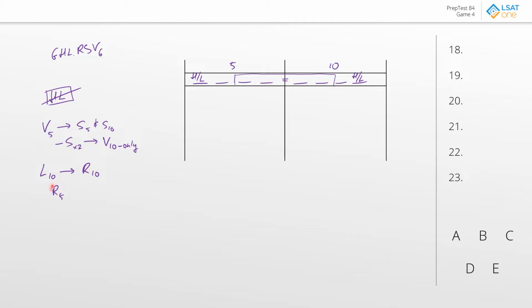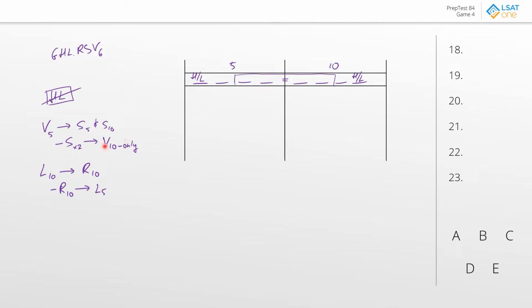Now if R does 5, that doesn't preclude the possibility that he could have also done 10. So it's not fair to say that any time that you see R in 5, it triggers the contrapositive. Rather, the contrapositive here should say, if we don't have R in 10, then we can't have L in 10 either, which means L will have to go in 5.